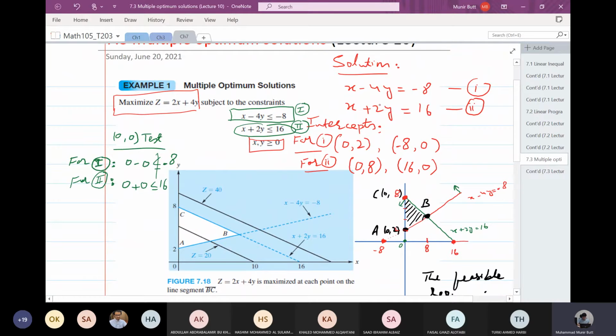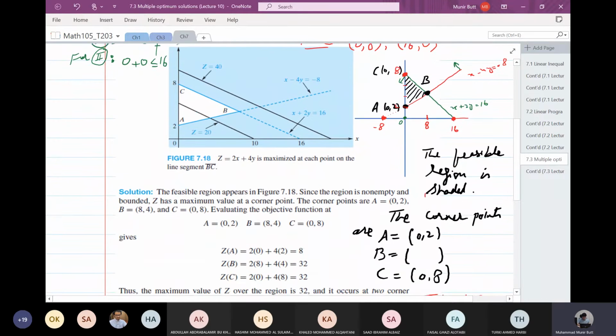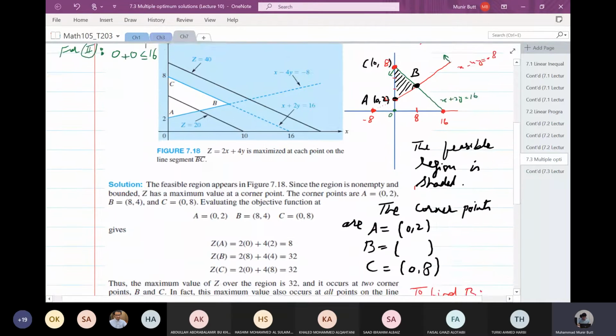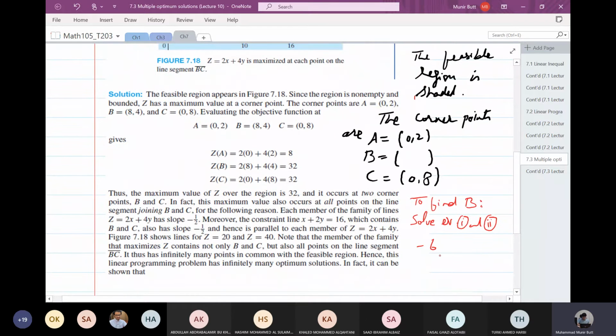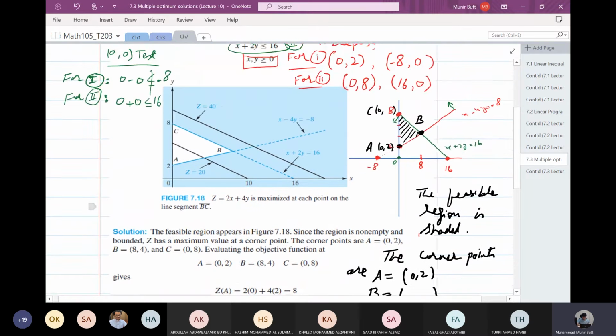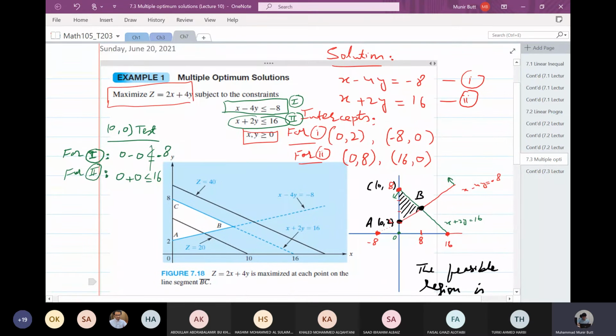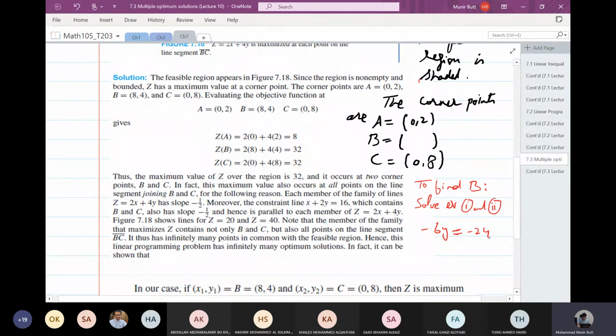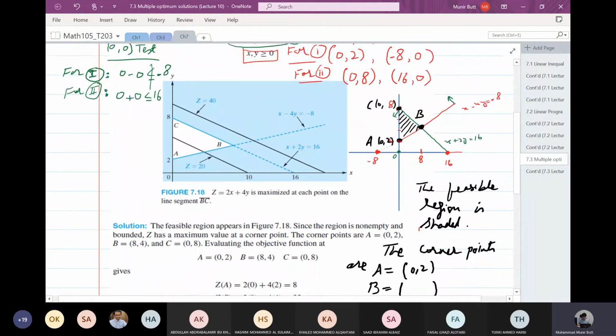So 1 and 2, when you solve, you just subtract. When you subtract, what you will get, minus 4 and minus 2, minus 6y is equal to, and what was here, minus 8 and minus 16, minus 24, agree, y is equal to 4, and you put in any of the equation 1 and 2.